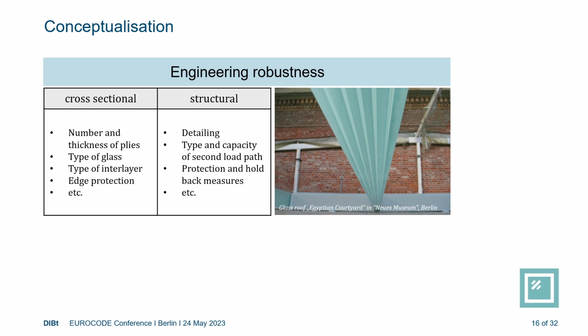This is a typical issue of cross-sectional engineering robustness, or you can do it structurally in terms of caring for special detailing. When you have a hole and then you introduce a mortar which is resin-based or anything else. So this is engineering robustness, for which I have given you some examples here in this table. But the second part is very important as well.